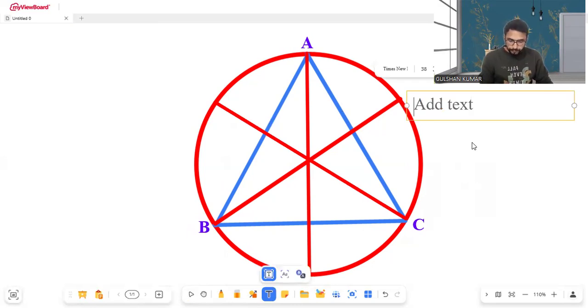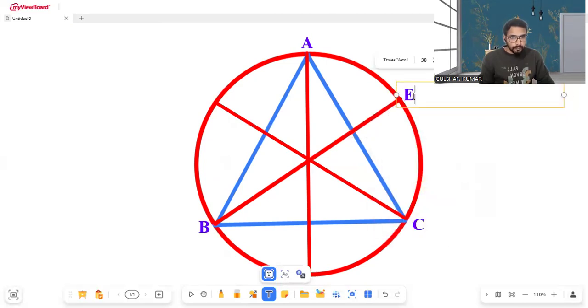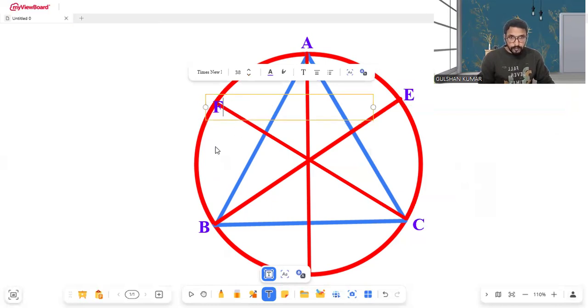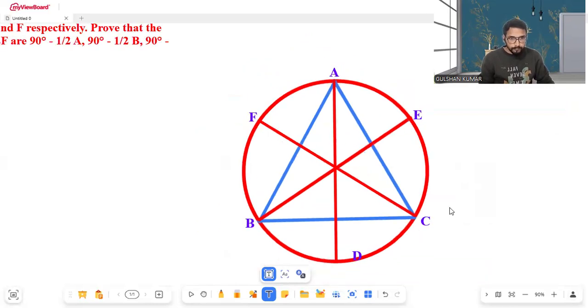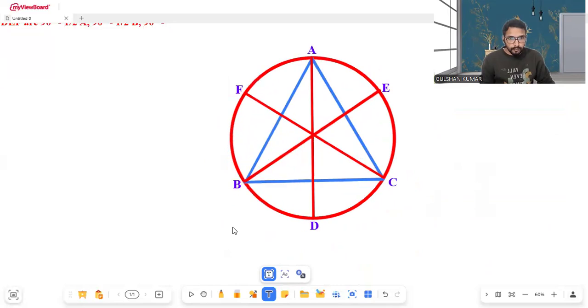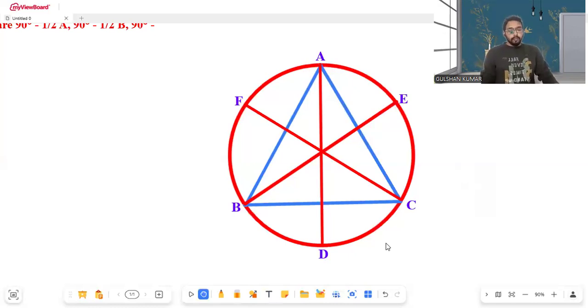This one will be E, this one is F, and this one is D. Now, according to the question, there will be a triangle between D, E, F.